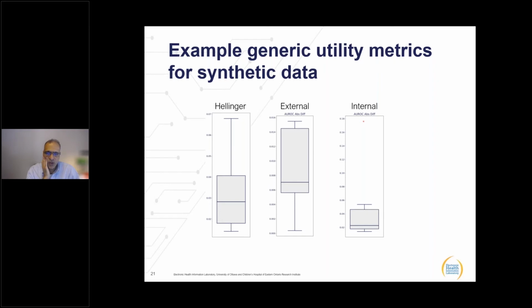And then you can do external and internal validations, which essentially means you build a prediction model with your synthetic data, in this case classifiers, and you build a classifier on your real data, and you compute the accuracy, the area under the receiver operating characteristic curve, in this case the AUROC, and you evaluate the difference between the real data and synthetic data models' accuracy and plot it on a box and whisker plot.